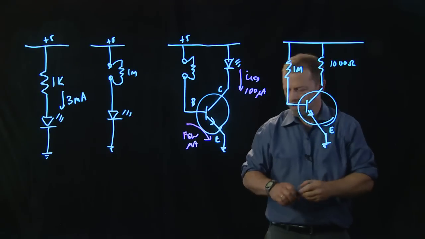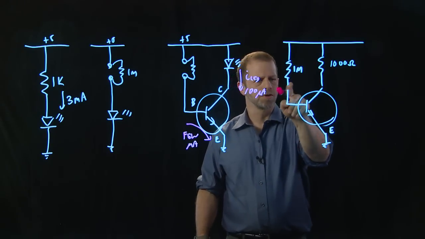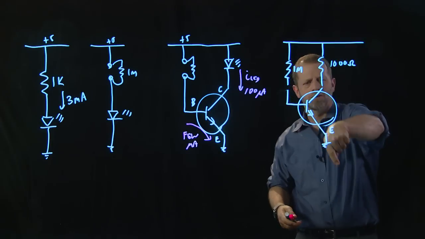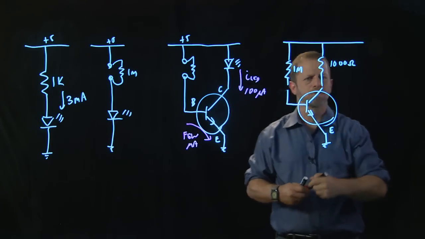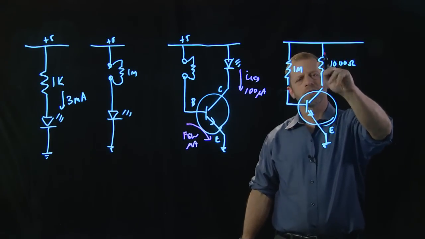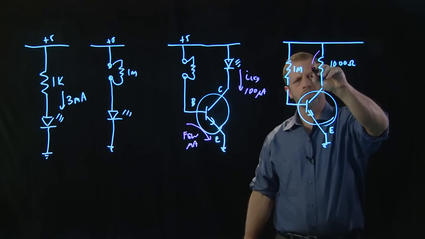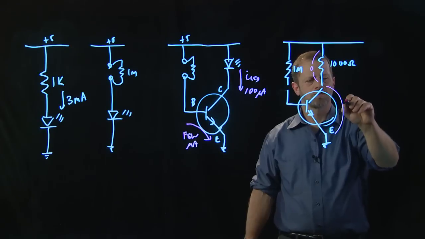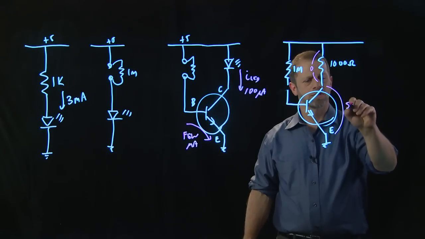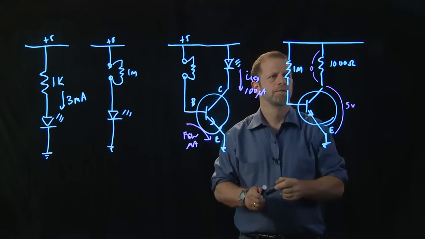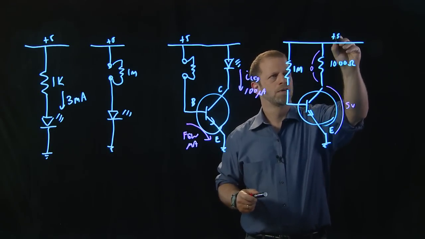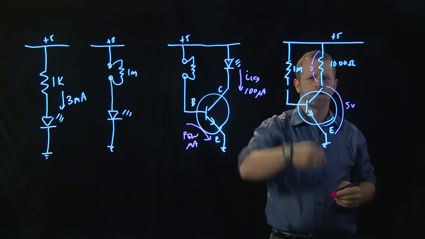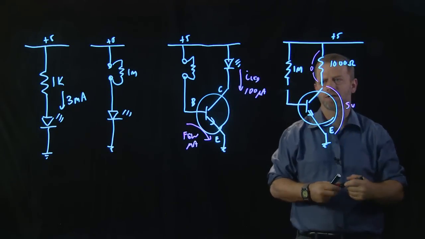Now initially, if we open this circuit here, no base current flows, and therefore no collector current flows. And so if we evaluate the voltage that's across that 1,000 ohm resistor with no current flowing through it, the voltage across it will be 0. And of course, therefore, the voltage from the collector to the emitter of that transistor will be the full 5 volts. Now let's carefully increase the base current and see what happens to the collector current and so on.